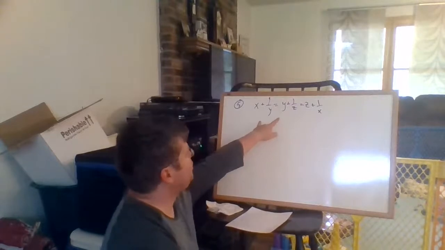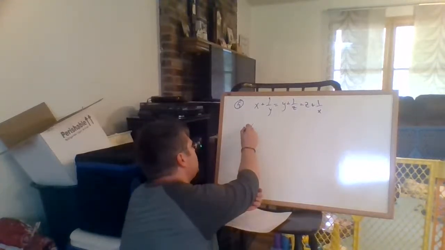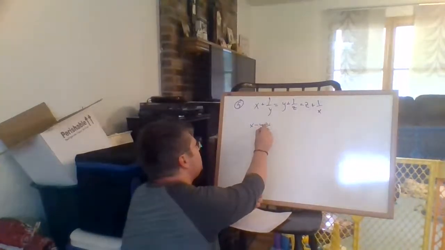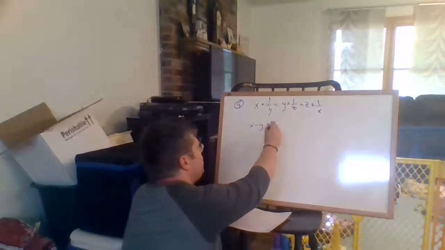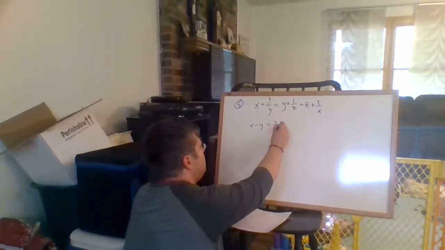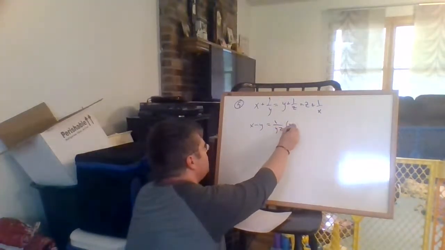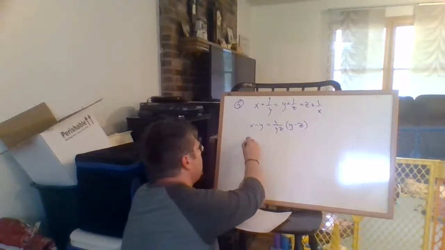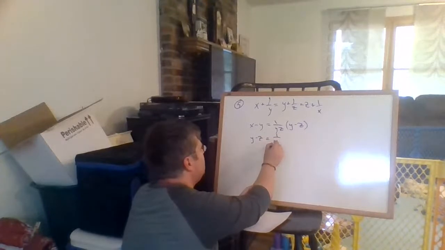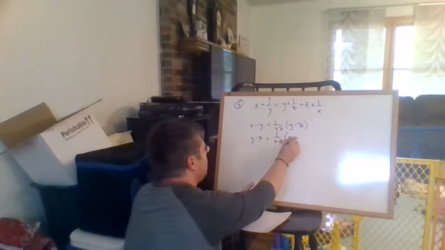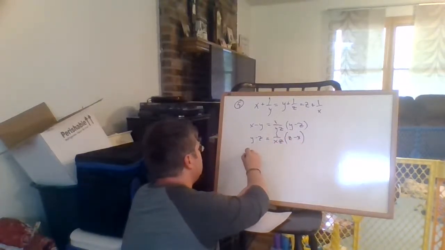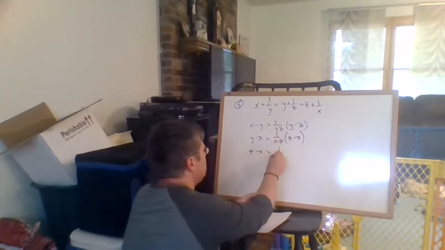For example, we can take the first equality and rewrite it like this: x minus y equals 1 over z minus 1 over y, which is the same as 1 over yz times y minus z. And similarly, we can get y minus z is 1 over xz times z minus x, and z minus x is 1 over xy times x minus y.